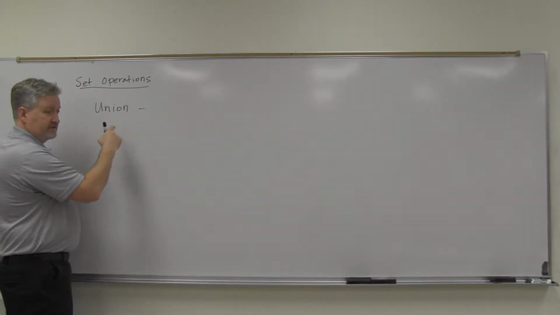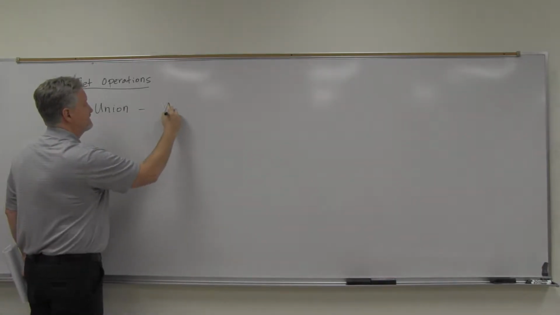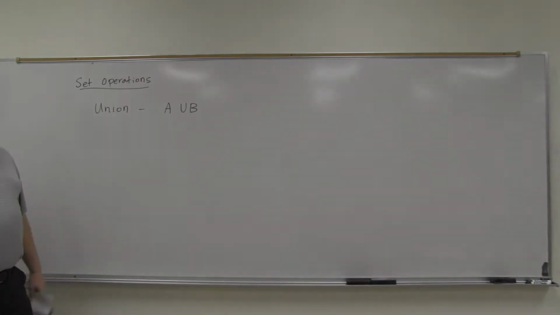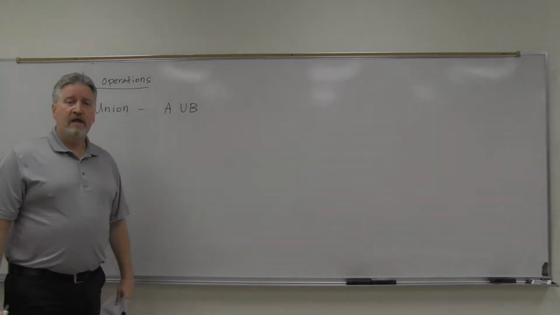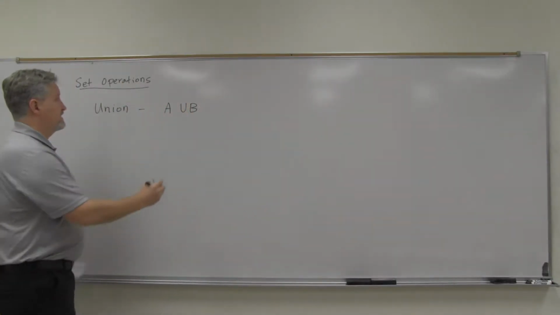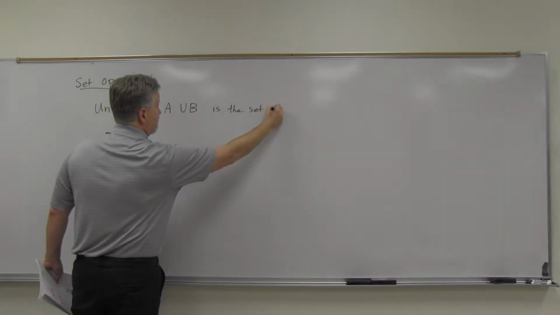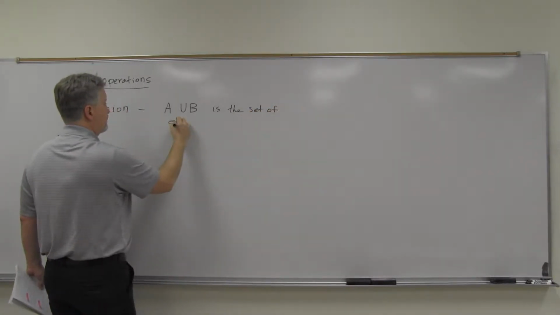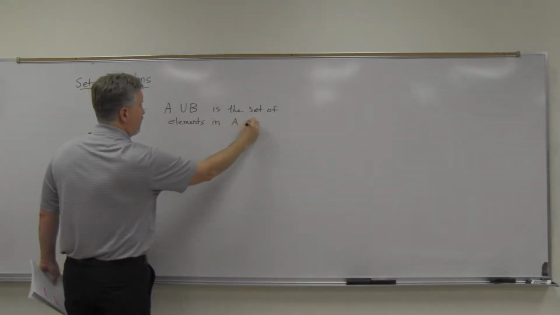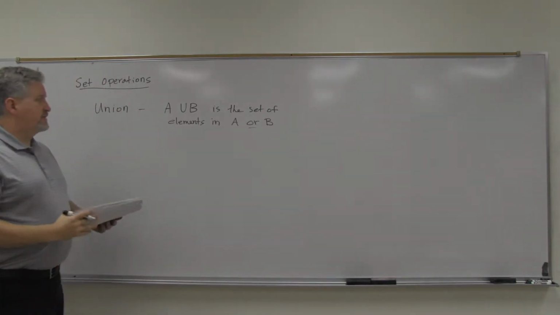The symbol for union looks like a U. So we read that A union B. And what the union is, A union B, is the set of elements in A or in B. The set of elements in A or B.